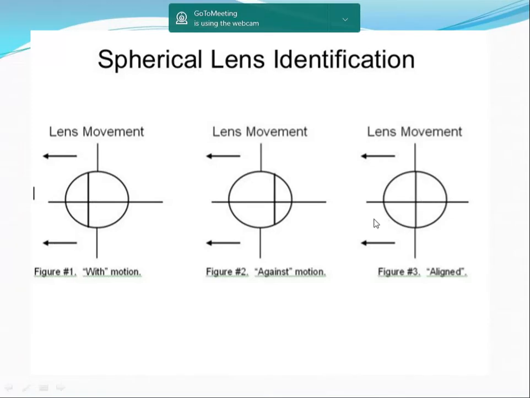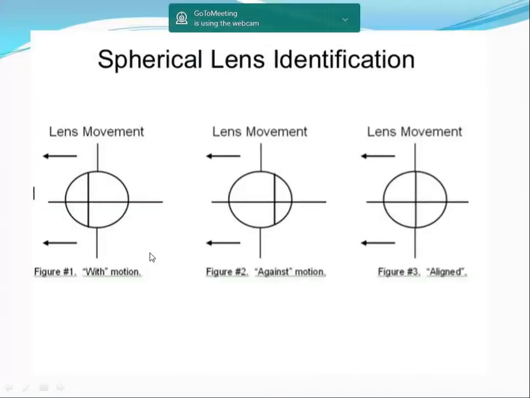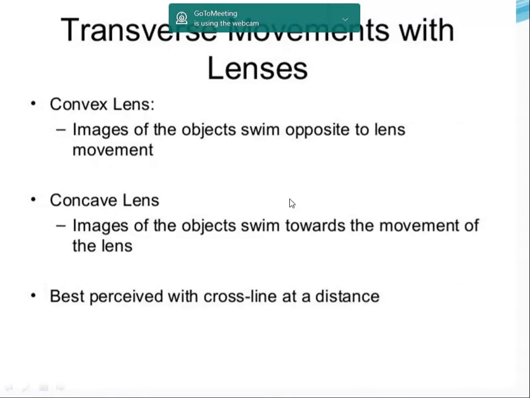So why this with motion, against motion is important is, it is important to recognize the lens that is given to you. So this is the thing you have to remember. In case of convex lenses or plus lenses, the images of the object swim to the opposite side of the lens movement. That means you will have an against movement. This is in case of convex lenses.